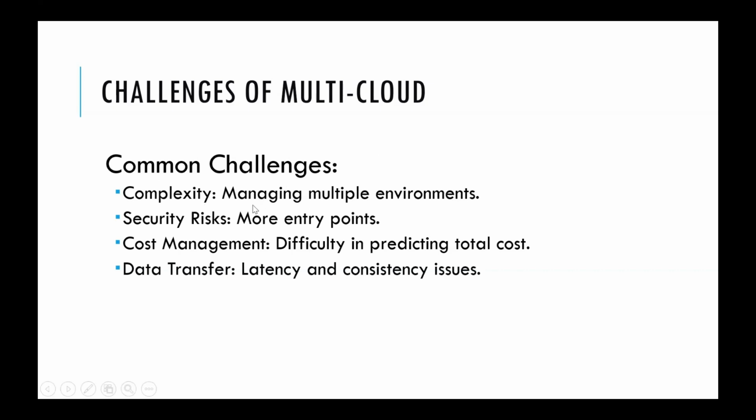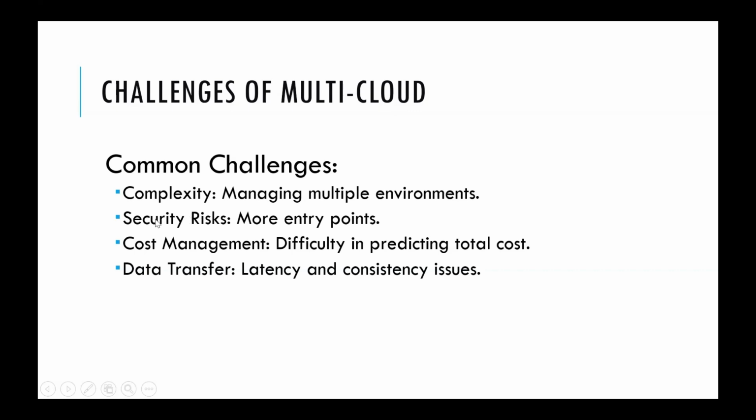Since you are using AWS, Azure, and GCP, you need people who know all the clouds. Then only they will be able to manage your multi-cloud deployment or architecture. This is complex because we need to manage multiple environments in this architecture.